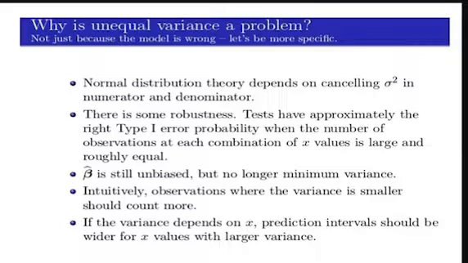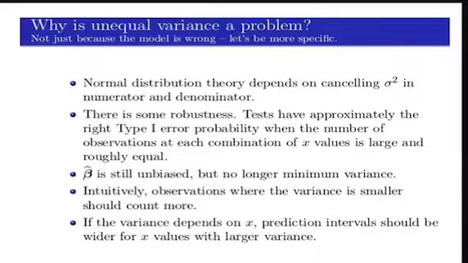That is the reason, and that's exactly what we're trying to talk about. Even though we have a violation, there's some robustness. But I said tests have approximately the right type 1 error probability when the number of observations at each combination of X values is large and roughly equal.